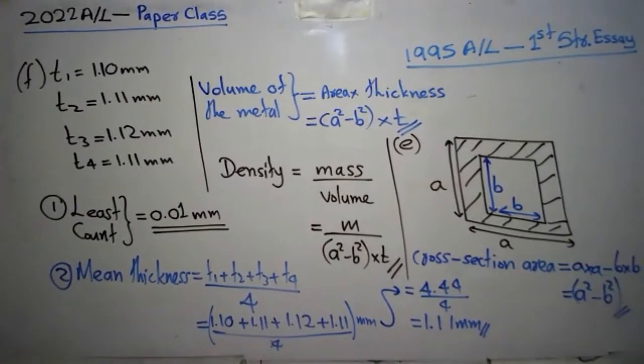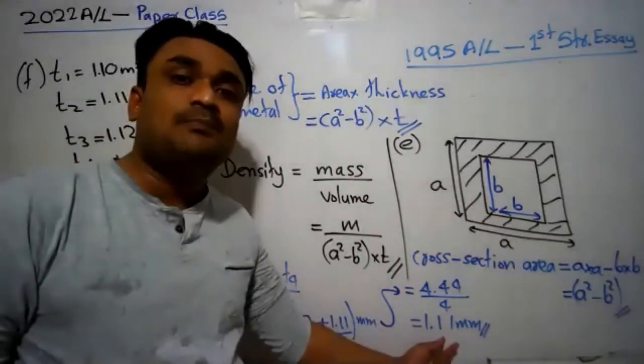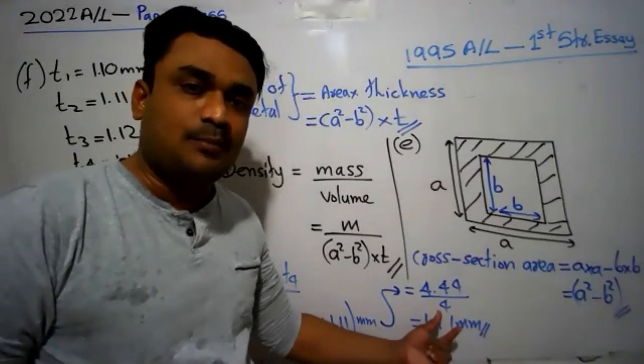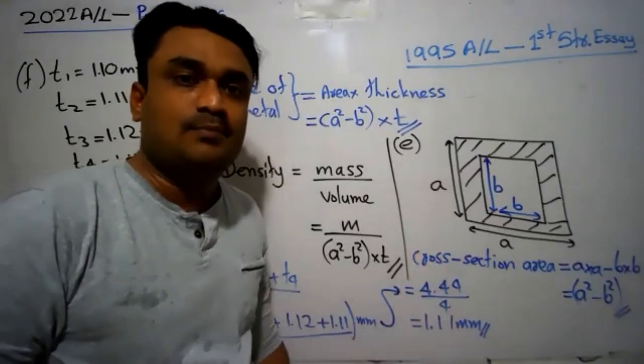Then let's go to the next part of the question. Up to how many decimal places would you give the answer calculated above? Explain why. I'll keep the answer up to 2 decimal places in millimeter because the least count is up to 2 decimal places in millimeter.